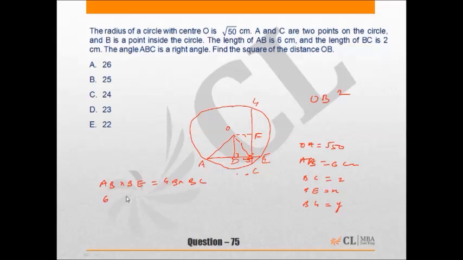AB is 6 centimeter and BE is X, GB is Y, and BC is 2. From here we get Y equals thrice of X. In order to compute OB square, we have to calculate OD and BD.